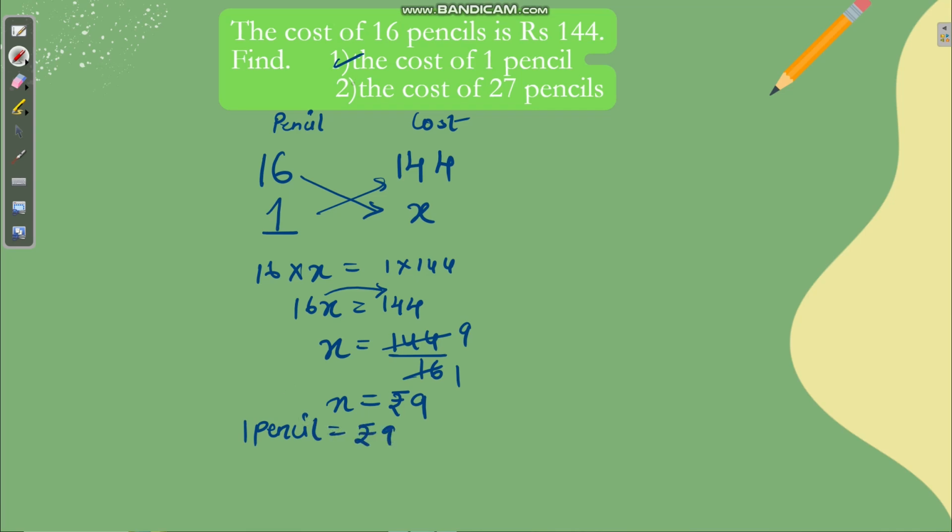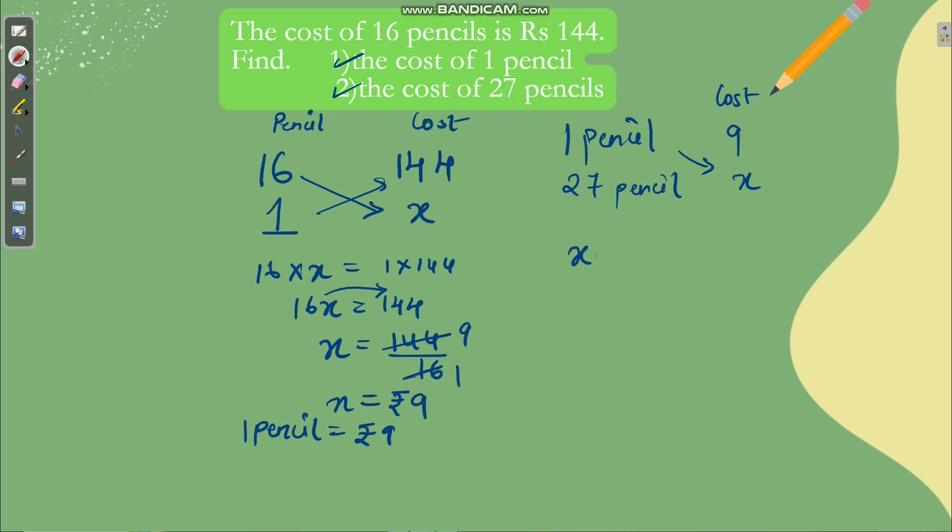Now let's see how to find the cost of 27 pencils. We know the cost of one pencil. So one pencil, I write down, the cost is 9 rupees. For 27 pencils, the cost will be x. We don't know right now. Just multiply this.